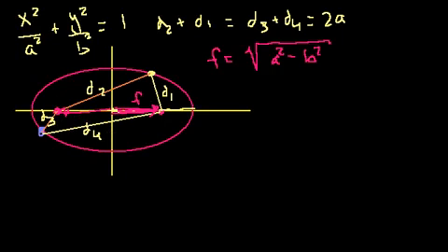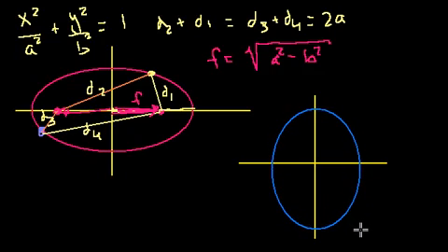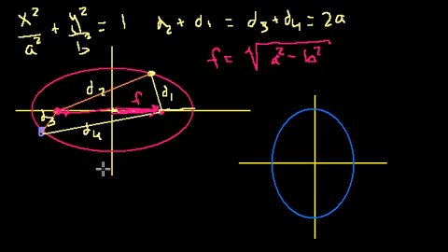If we have a vertical ellipse, and I really didn't cover it in the last video, let me just show you what it would look like. Let's say the ellipse looked like that. In this case, our semi-major radius is now in the y direction. So this is b, this is a, and in this case b is greater than a, because the ellipse is tall and skinny.